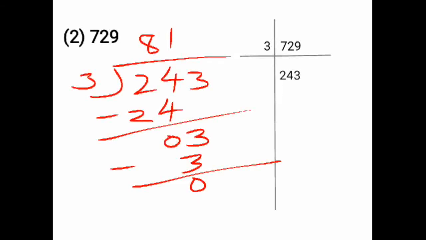Again divide the number 243 by 3. 243 is divisible by 3. Quotient I got here is 81 after dividing by 3. That is 3 into 81.